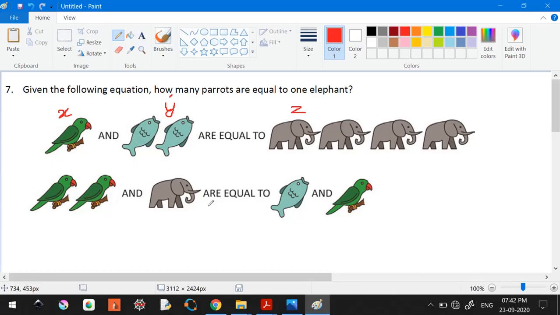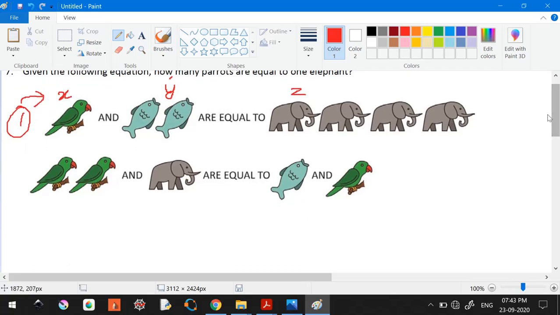Now, according to the first, let's call this an equation. Let me write what they are saying in mathematical form. Here you have one parrot, which is 1 times X, which is X, and we have to add 2 fishes, so 2Y, equal to 4 elephants here.